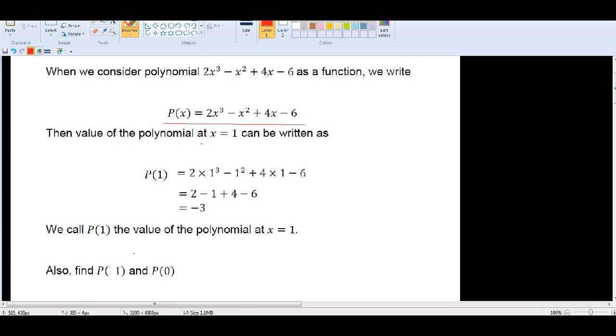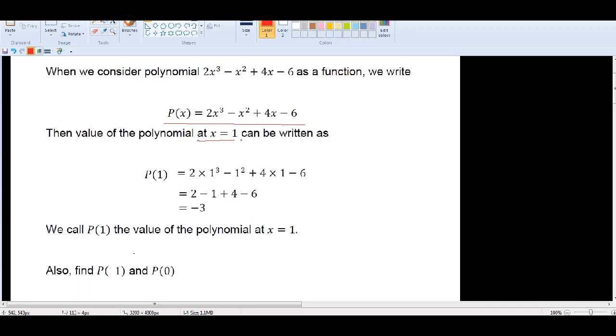For the value of the polynomial, let me give you an example. If I have a polynomial p(x) equals 2x cubed minus x squared plus 4x minus 6, I'm going to find the value of the polynomial at x equals 1. So I'm going to substitute x equals 1 into the polynomial. To do that, the notation is I write p(1). You see I changed that x into 1.